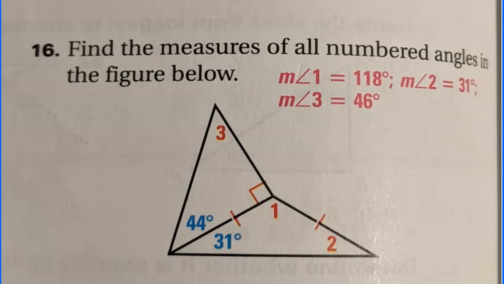All right, then the next part is actually going to pull all of your previous knowledge so that you can find angle measurements based on some of the stuff that you've learned in the past. This says find the measures of all numbered angles in the figure below. So I began by looking at this triangle here, the one with 44 in it.